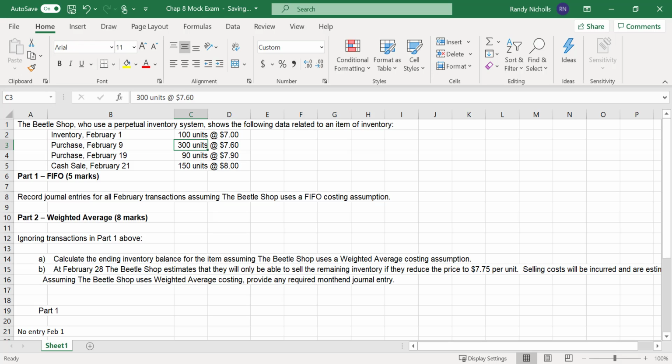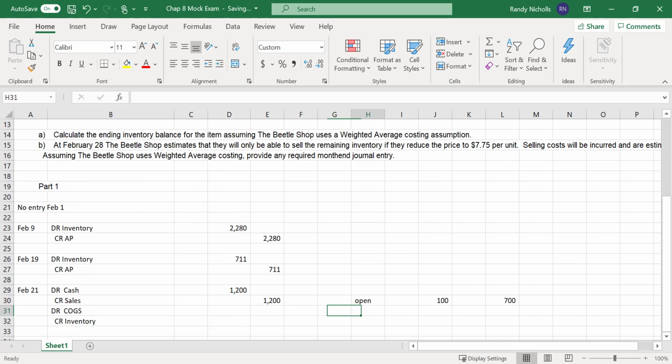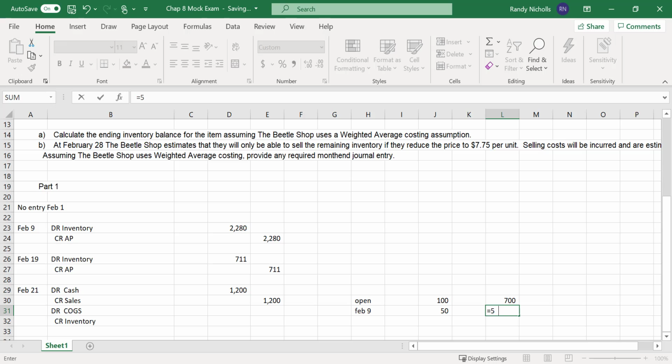So 50 of these units were also sold and they cost $7.60. Oh, look, there's where the date screws up on you. And I don't care for the most part about dates, and sometimes it matters, but for the most part you don't need to have them in. So the other 50 unsold are at $7.60.